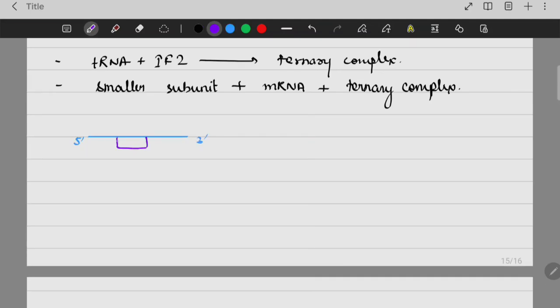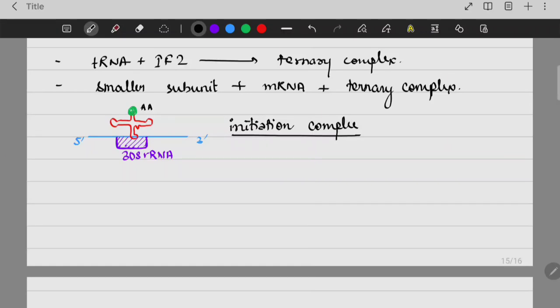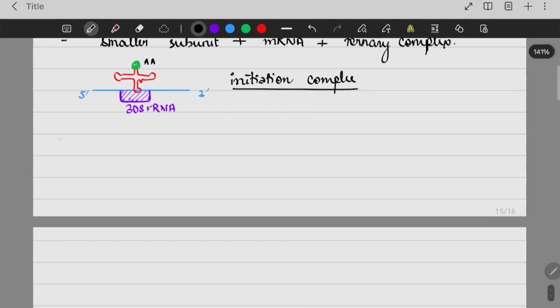This one is the 30S rRNA, and the ternary complex is something like this, with the amino acid present here. So this is the whole formation of the initiation complex. The initiation complex is formed.